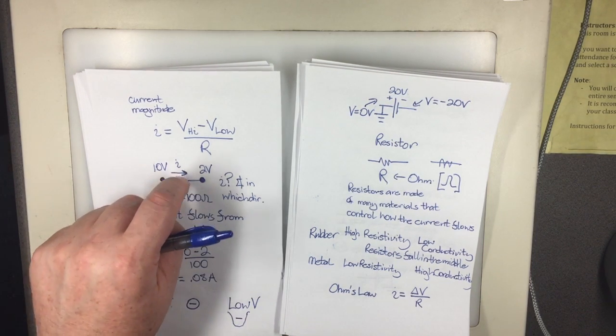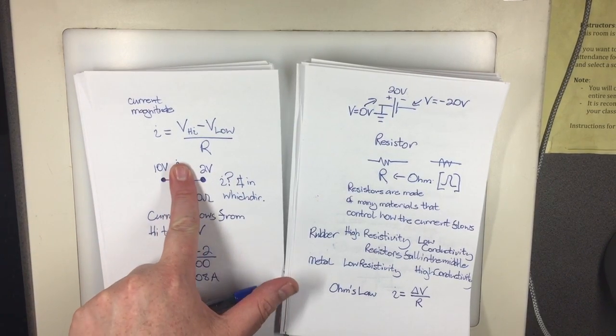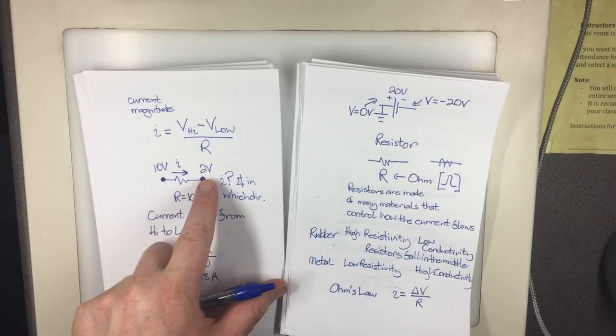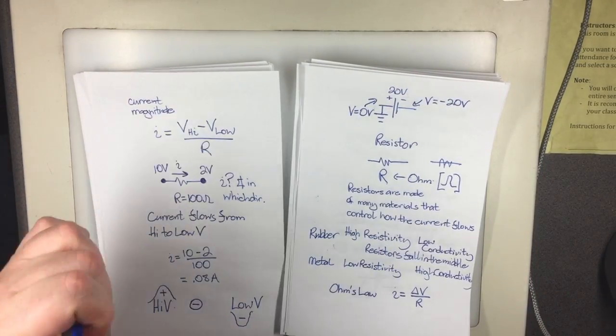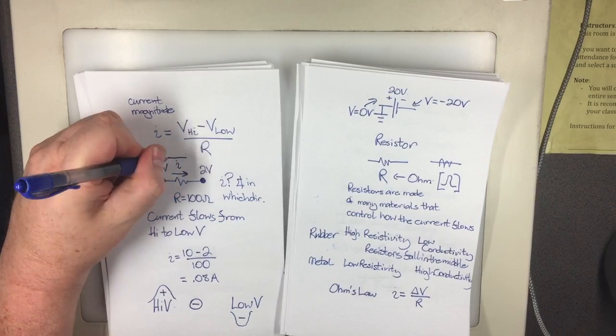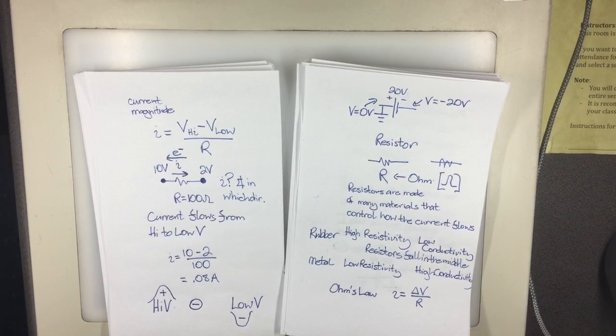So if we're looking at this, one is at 2 volts, one is at 10 volts, ignore this for the moment. In which direction are the electrons moving? They're moving from right to left. They're moving from low potential to high potential. So the electrons are moving from right to left. The current is flowing from left to right.